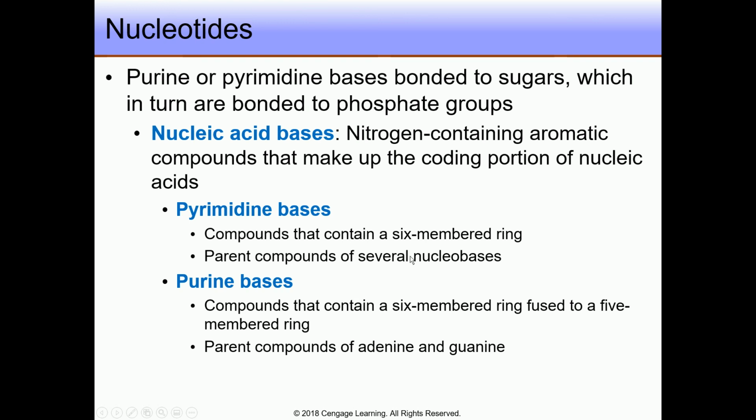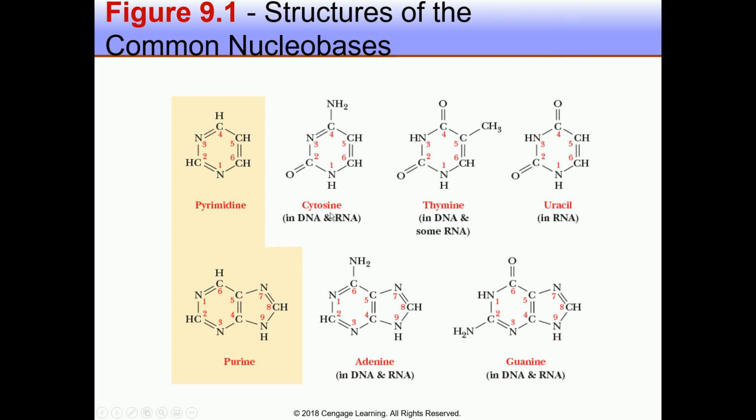Purines have one 6-membered ring and another 5-membered ring, and pyrimidines have one 6-membered ring. Purines include adenine and guanine, and pyrimidines include cytosine, thymine, and uracil.